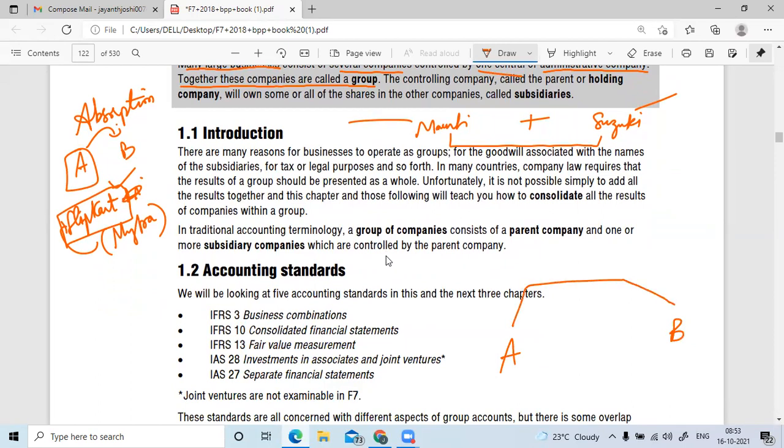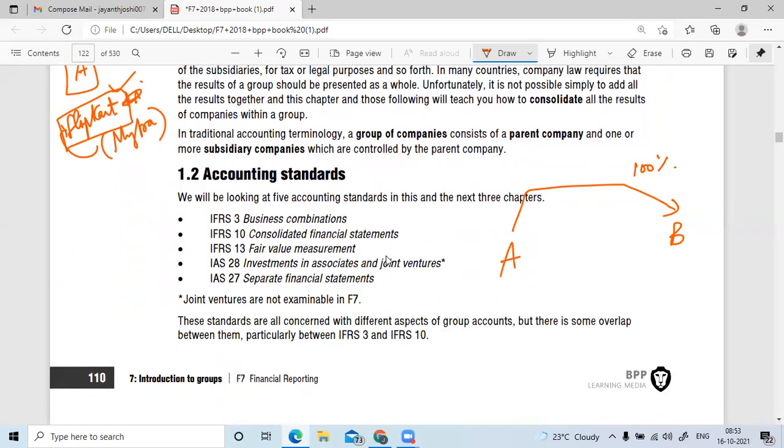A company can acquire 100% shares in B company. So when A company acquires 100% shares in B company, B company would be called a subsidiary. But in this case, I would say B is a fully acquired subsidiary.